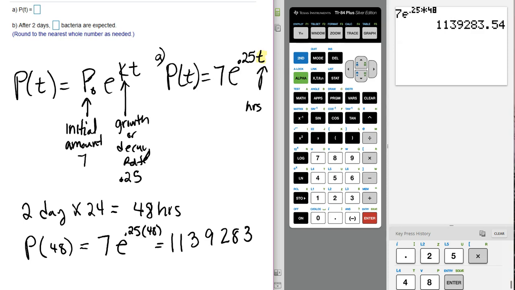It does say to round to the nearest whole number, so I need to round that last digit to a 4. And what is that? 1,139,284. So those 7 little bacteria grew to 1,139,284 after just 48 hours.